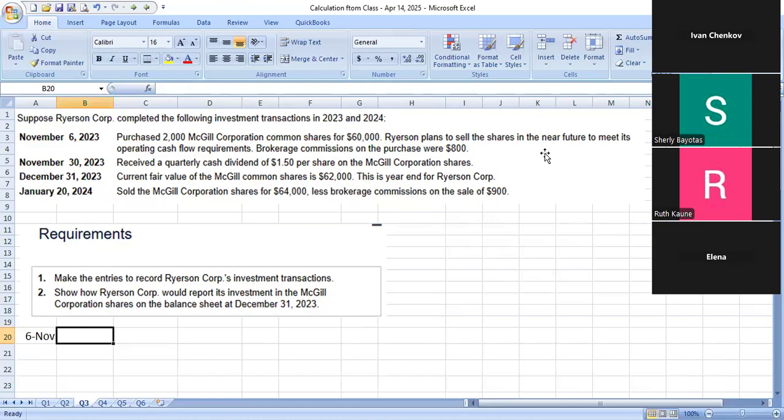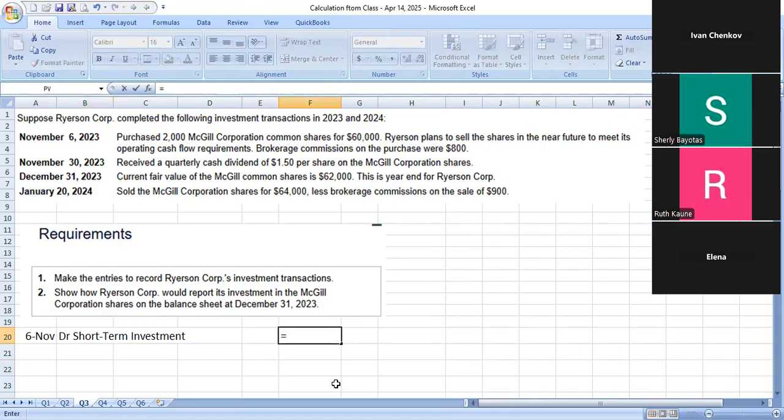Because the management says that they're going to sell it in the near future. And that will be a debit, obviously. Debit short-term investment, for 2,000 shares times the price. Actually, it gives us $60,000 directly. We don't have to calculate the price per share.